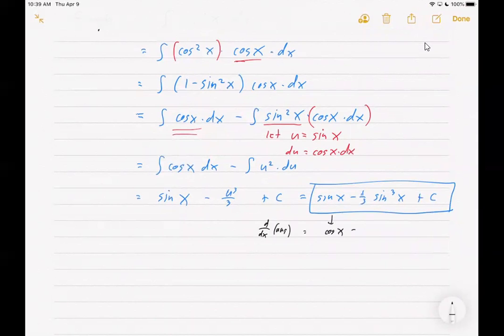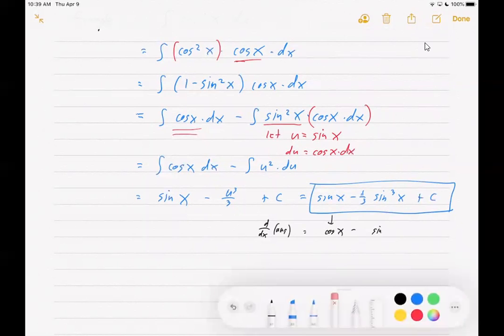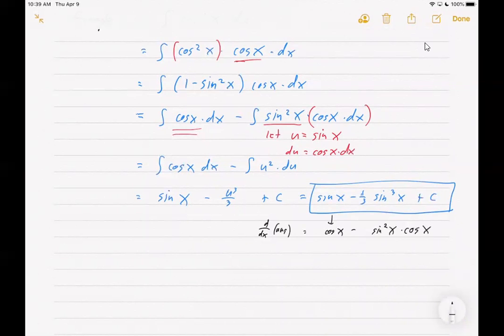So you would have 3 sine squared of x, I'm sorry, 3 times a third drops it down, so just a 1. So you get rid of the coefficient, and then you'd have a sine squared of x. But then you'd have to multiply by cosine of x. And the derivative of the constant is 0.